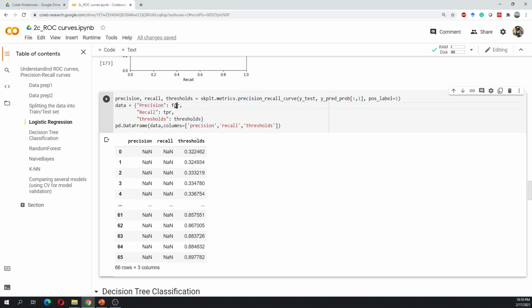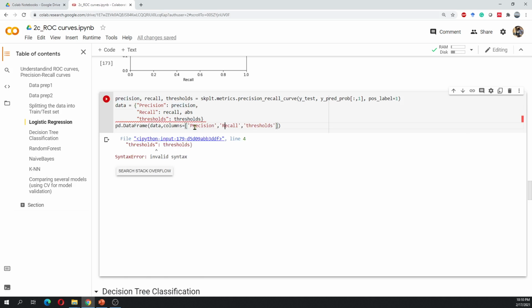Yep, I forgot to name these. Yep, this should be uppercase.